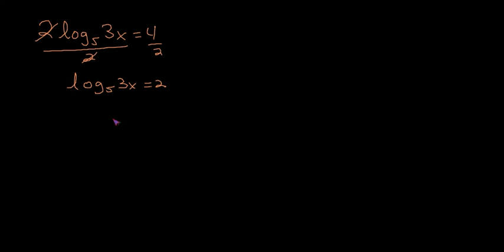So again, I'm going to do 5 raised to the second equals 3x. And obviously 5 to the second is 25, and that equals 3x. Divide by 3 on both sides, and I'm going to end up getting x equals 25/3.